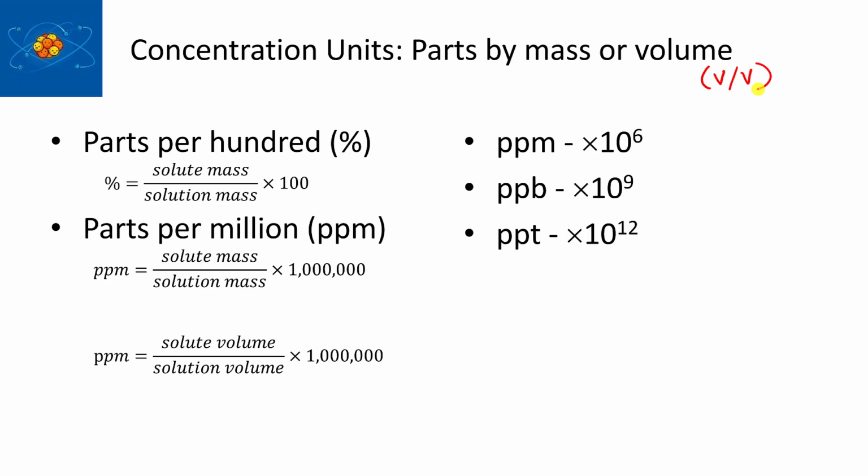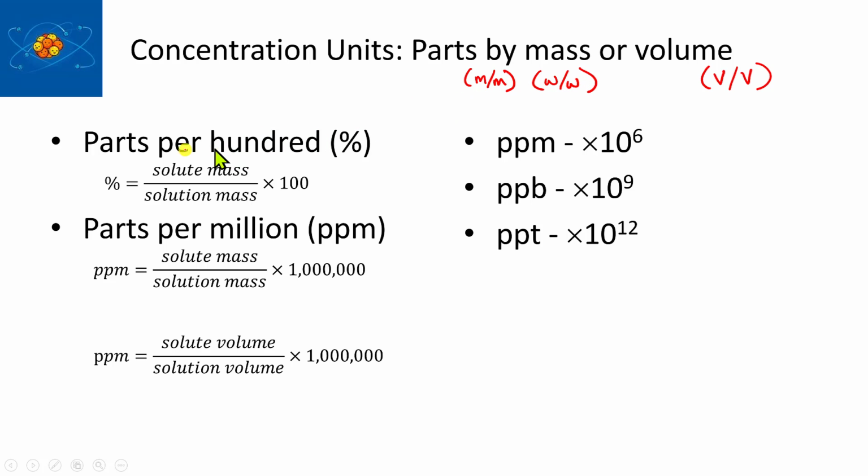If it's done by mass, you usually see M over M, like this. Or in some older literature, you'll see W over W, because this is mass over mass, this is weight over weight. So these should be considered to be, for the most part, equivalent.